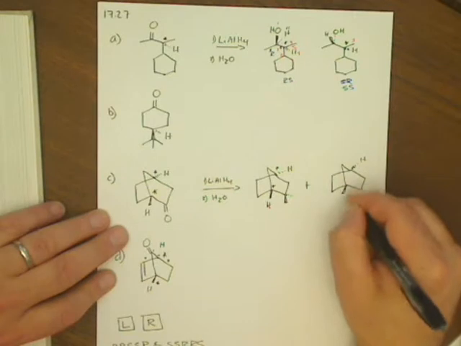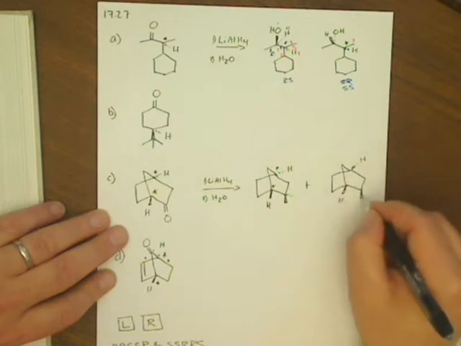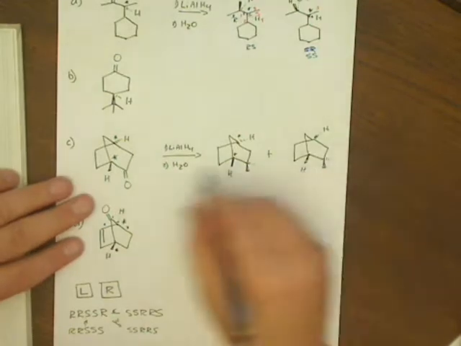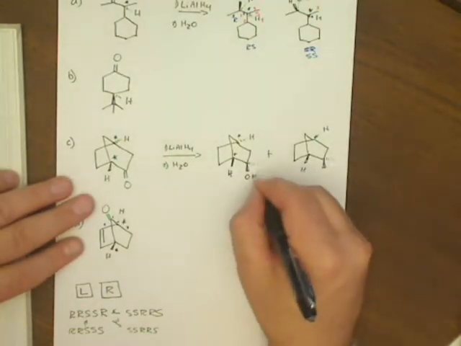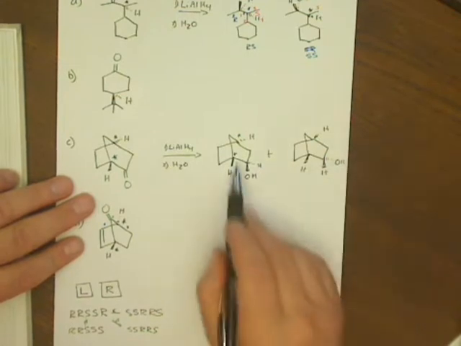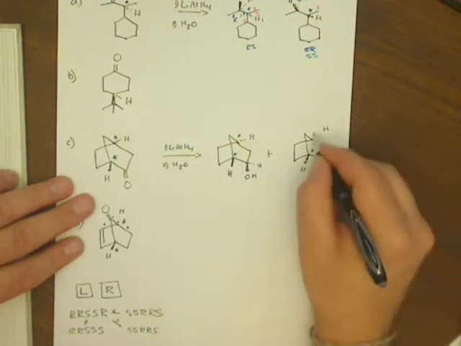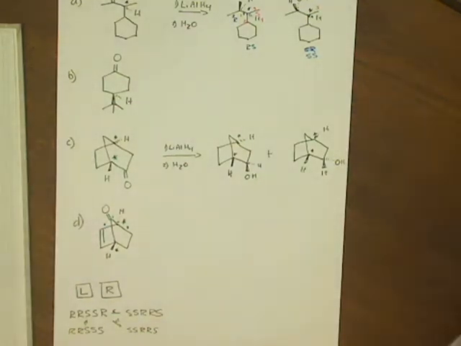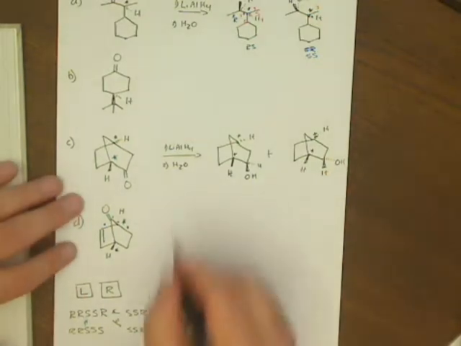Now watch this. I'm going to put an OH here and an H, and an H here, OH there. These two chiral centers stay the same. The new chiral center has two possibilities. Therefore, we have two possibilities, and they're diastereoisomers of one another.